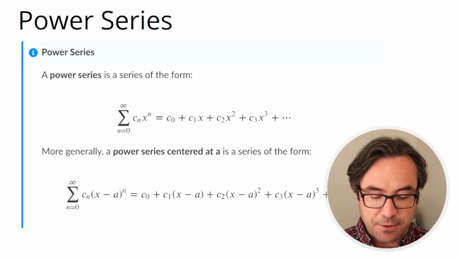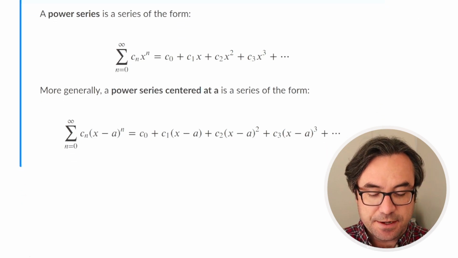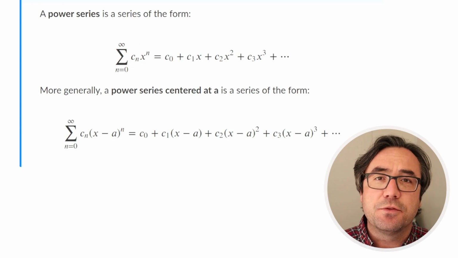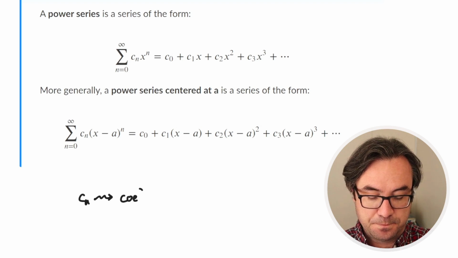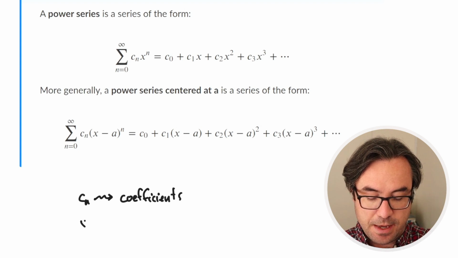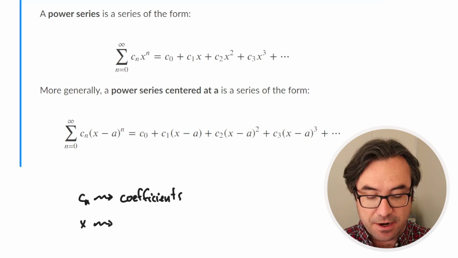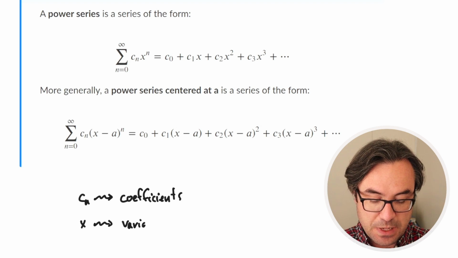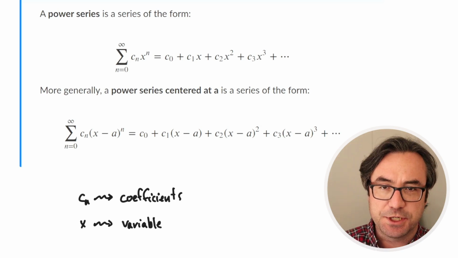So when we talk about a power series, these c values here, we're going to call these the coefficients. And x, well, just as we expect, x is going to be our variable. And we don't have to use x, but that's generally the variable we're going to be using.